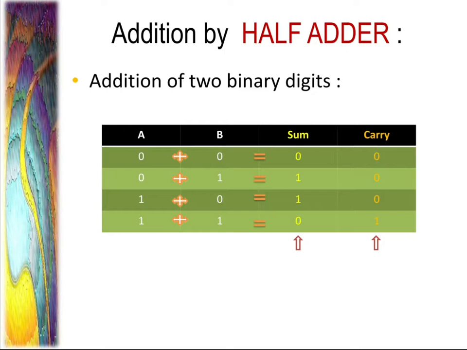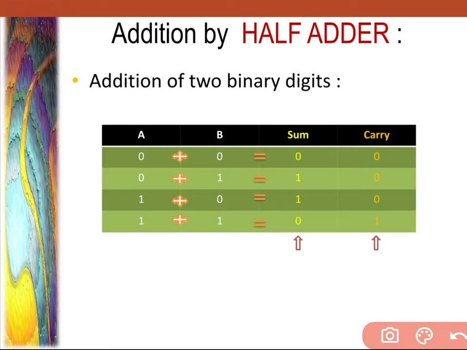And when we are adding 1 plus 1, that is 10, the binary representation. The sum is 0, and the carry is 1. So what we have in front of us is 0110 as the sum output, and for carry as output, we have 0001.